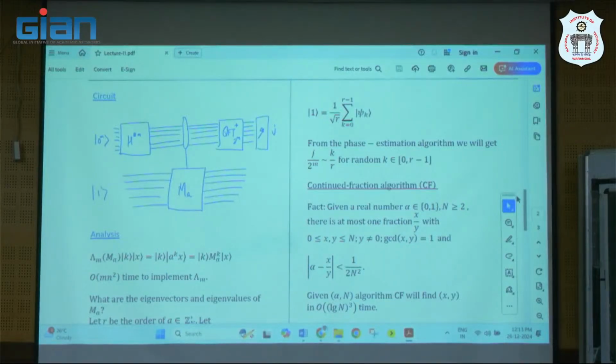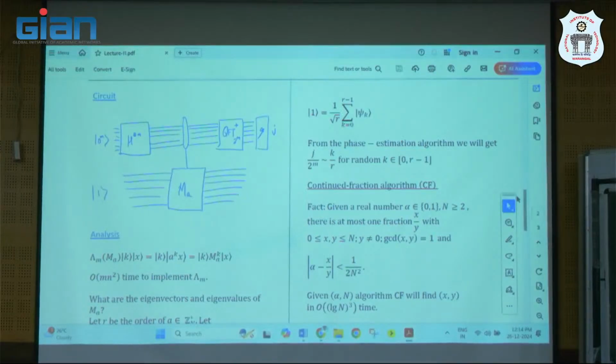Good precision. Fantastic precision. Now this fact about continued fractions, what does this fact tell us? That if I take any real number between 0 and 1, I will get a rational approximation to it, to this precision, and this rational approximation, which is in its lowest form, is unique as long as your x and y are between 0 and n. Correct?